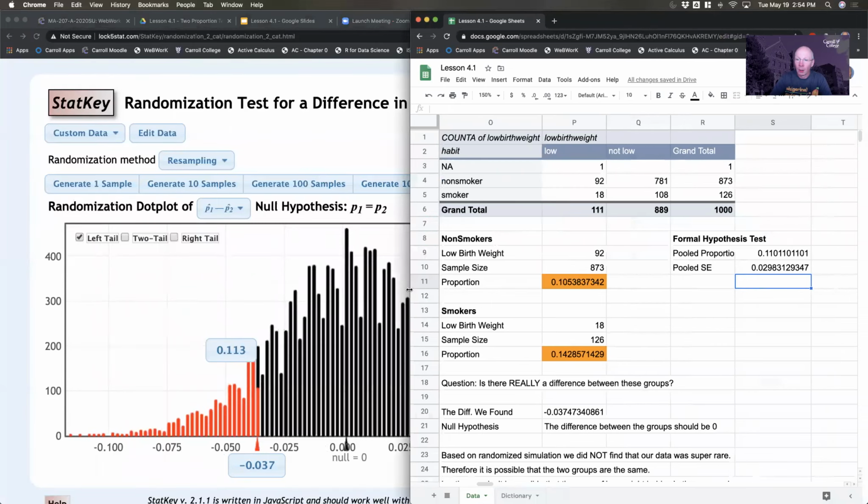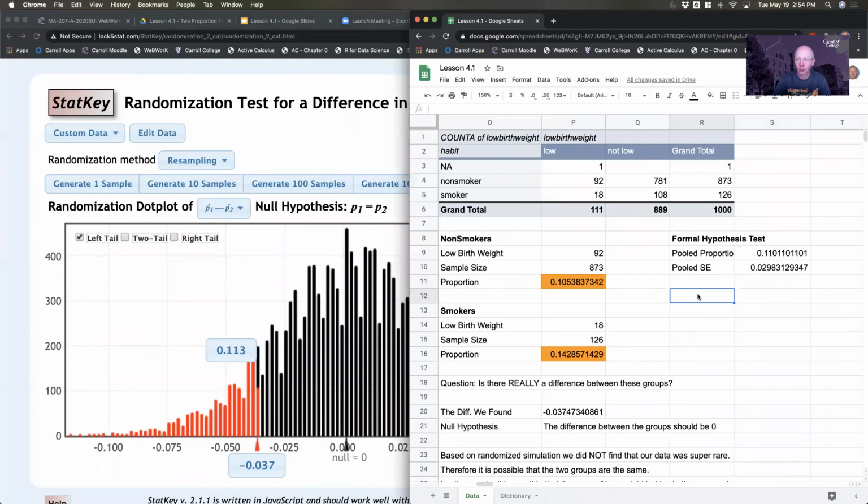Okay, now I can get my z-score, which is known as my test statistic. And that is my difference minus the null hypothesis value, which was 0, divided by my standard error. So I am 1.25 standard deviations below the mean here. And my p-value: this is a normal distribution, and I'm reading left on the normal distribution.